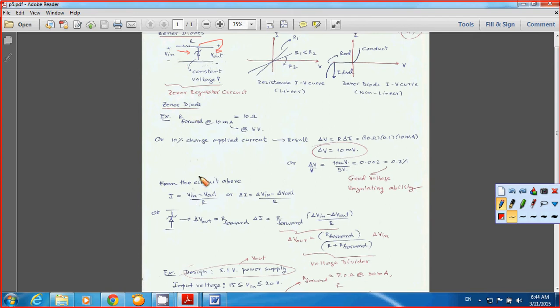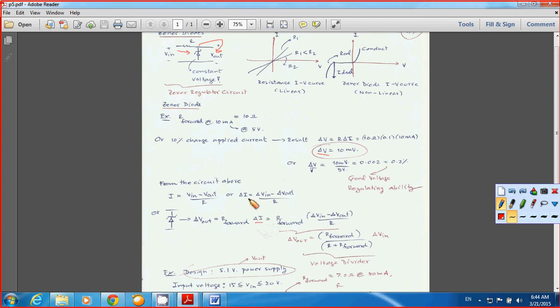So your current simply becomes V in minus V out, divided by R. Or you put delta I as delta V in minus delta V out over R. And this is your V out across the Zener diode. Apply Ohm's law, V equal to IR. So it becomes R forward multiplied by delta I, because we already have delta V here.